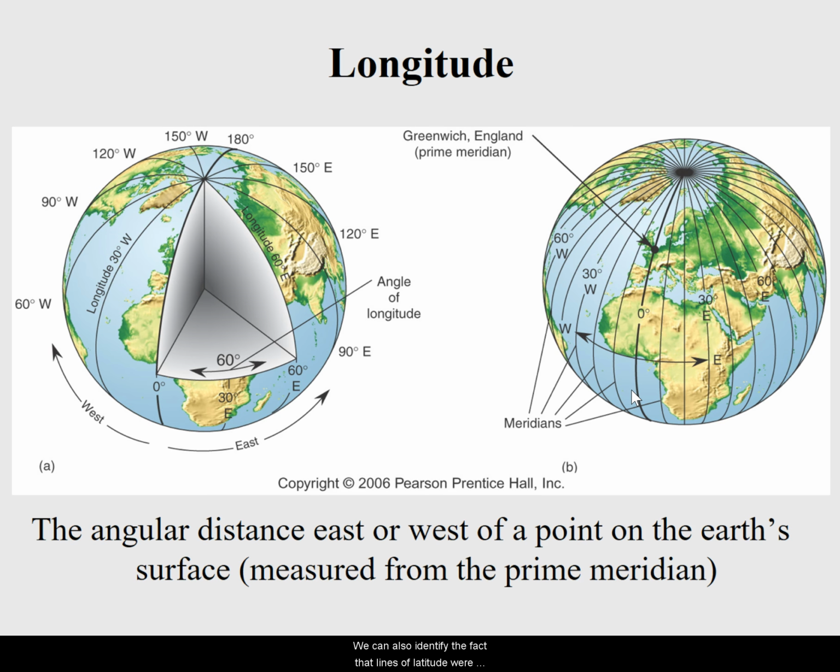We can also identify the fact that lines of latitude were much easier to define and recognize in early navigation, and they appeared on maps much sooner than lines of longitude. The reason is that with lines of latitude and areas of latitude, you can see patterns on the landscape, such as changing vegetation and weather patterns, but lines of longitude were invented through the ability to measure time as ships are sailing on the ocean.